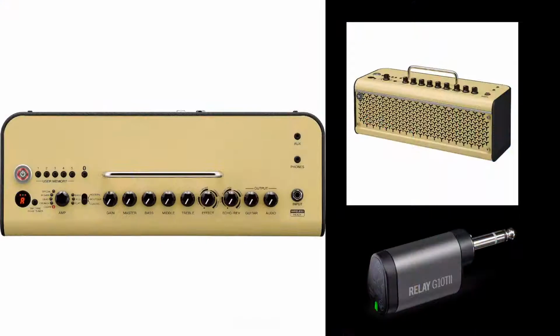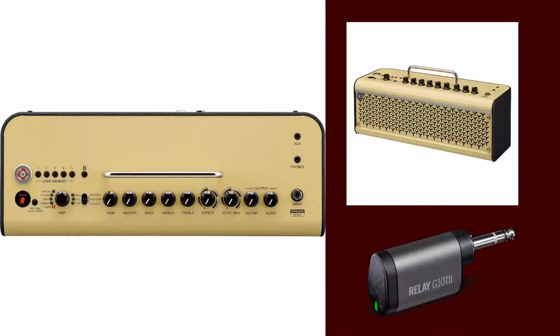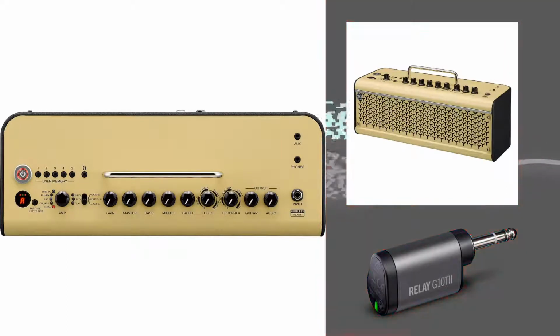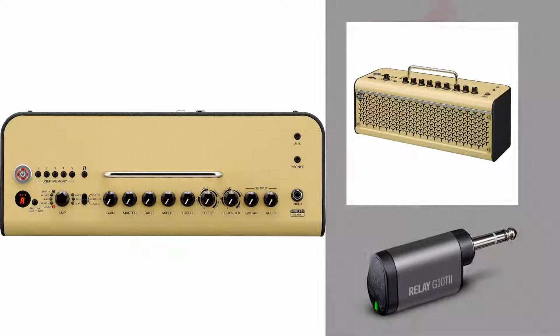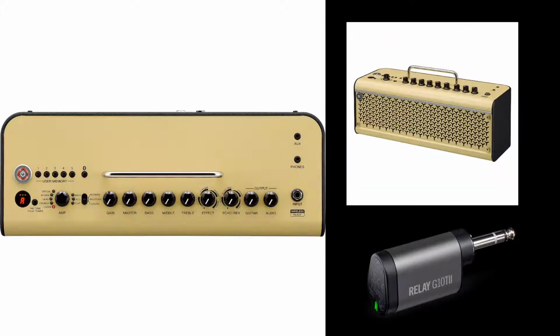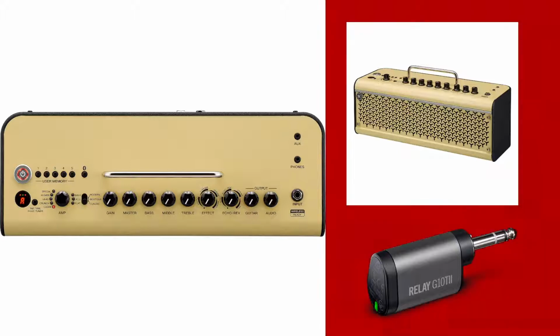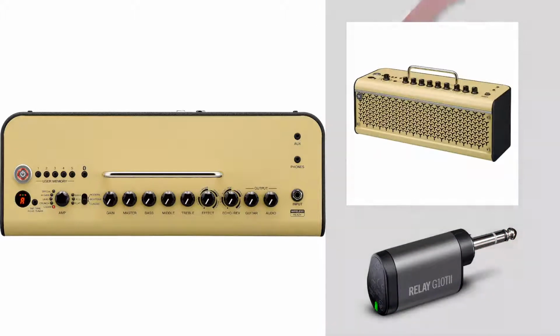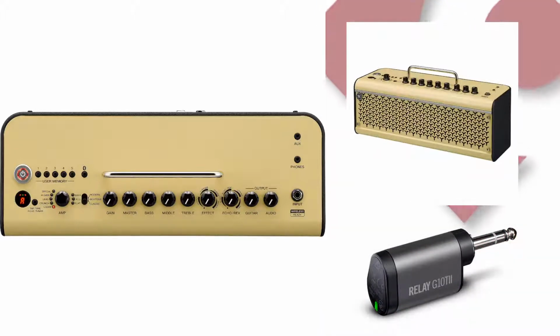So what we have today is a THR32, which is a modeled amp, and it doesn't have a billion sounds like a lot of the other modeled amps have, but it has enough sounds, and it has effects built into it, and it just works like an amp.